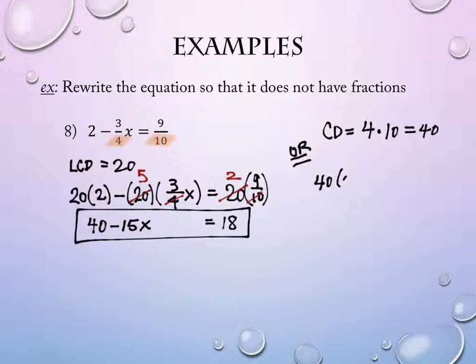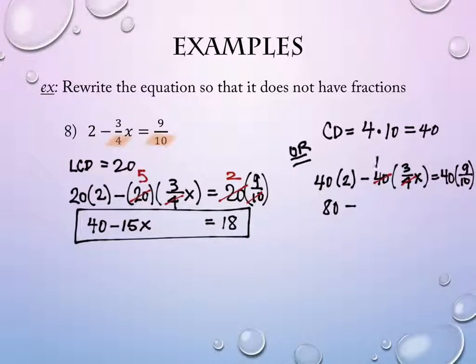So I have 40 times 2, minus 40 times 3 over 4x equals 40 times 9 over 10. 40 times 2 would be 80. Here again, the 40 and the 4 are going to reduce and give me what? 10.